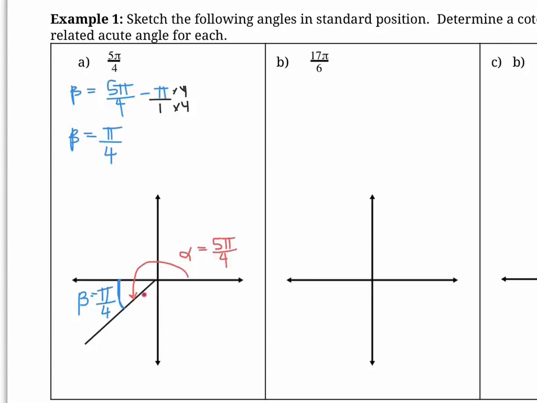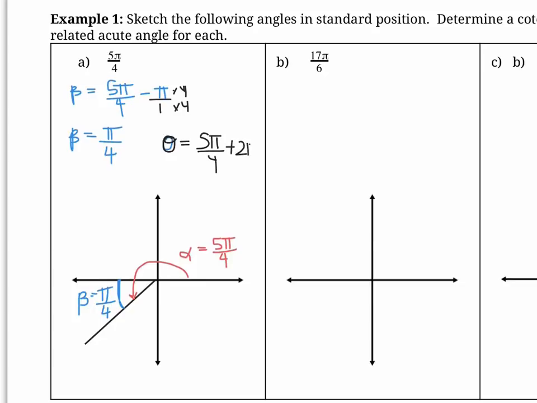So another way we could do it is we could subtract 2 pi, go the other way, and get a negative angle. That could also work. So the easiest way to come up with a coterminal angle is just add 2 pi or subtract 2 pi. So let's call our coterminal angle theta, because we haven't used theta yet. So let's say theta, our coterminal angle, is equal to 5 pi over 4, but let's add 2 pi.